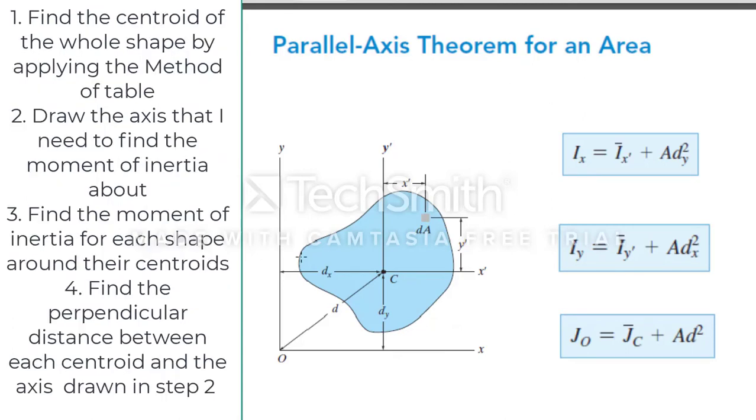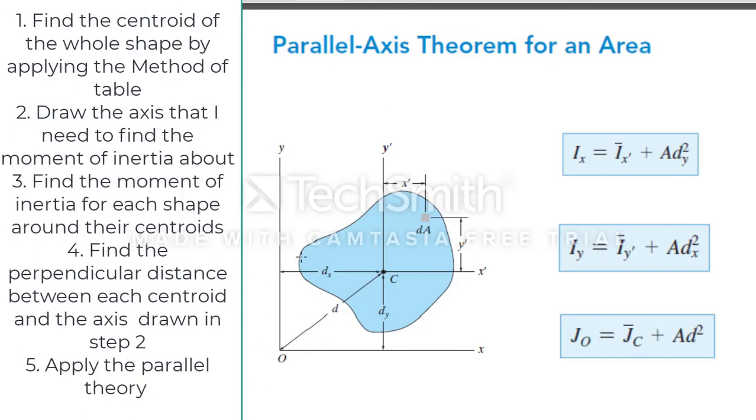Fourth, find the perpendicular distance between each centroid and this axis that I need to find the whole moment of inertia around. And fifth, apply the parallel axis theorem. So these are the steps. I know that it's not obvious now until we solve the first problem, so let's do it.